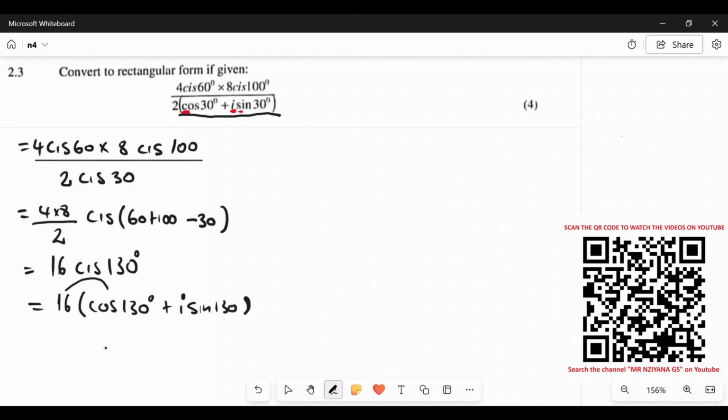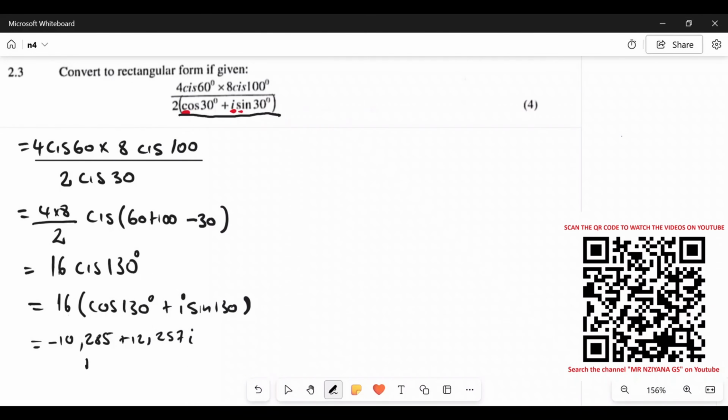If you multiply 16 with cos 130, you will get the following answer here, which is going to be negative 10,285. There we go. And then if you multiply the very same 16 with sine 130, you will get plus 12,257i. So when it's like this, guys, it's a rectangular form.